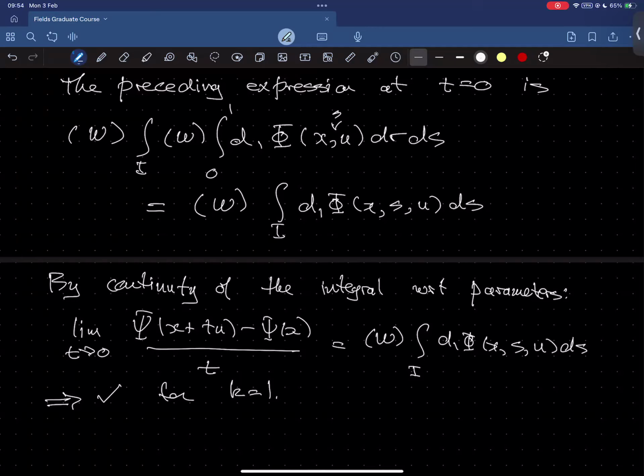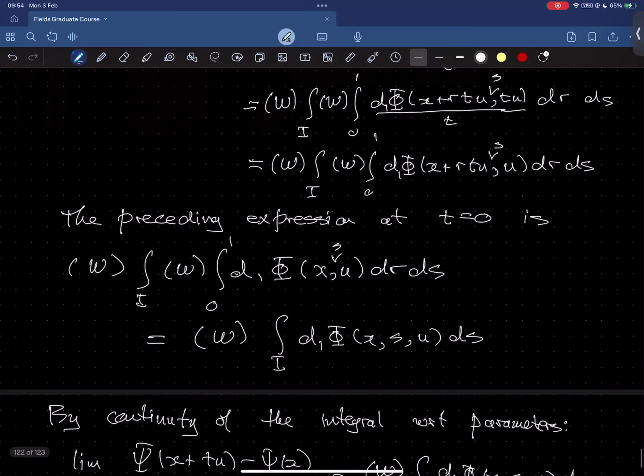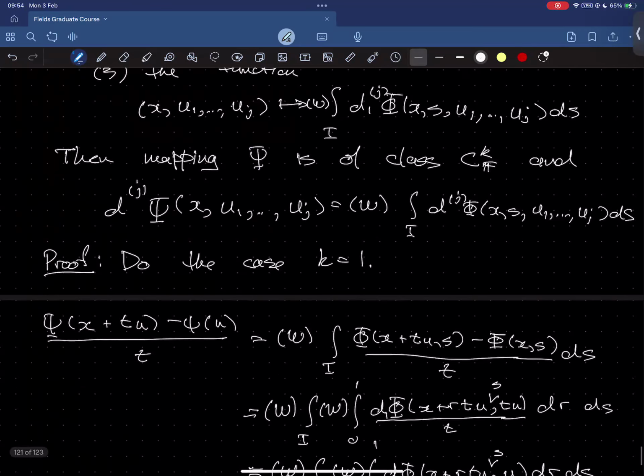Since we're back to just doing first derivatives again, the calculation is exactly the same, except rather than phi inside here, you're going to have the k minus first derivative of phi with all of its arguments. But other than that, it's exactly the same calculation.